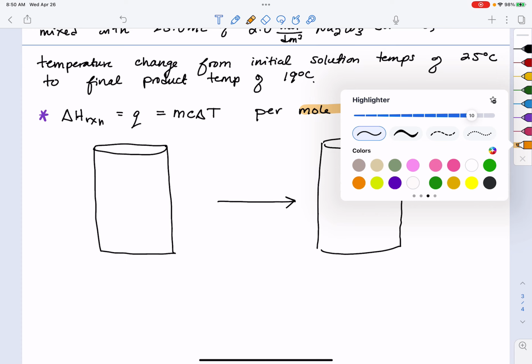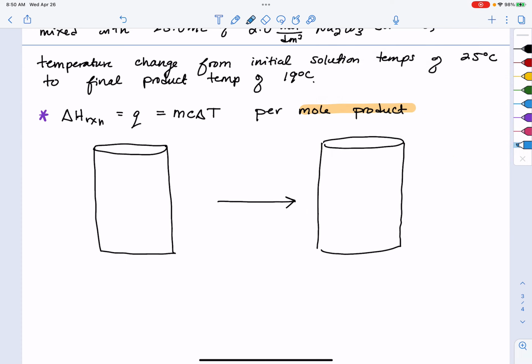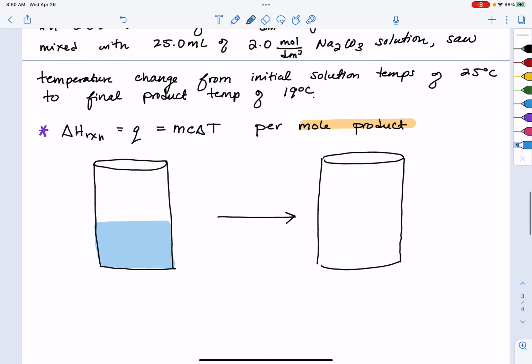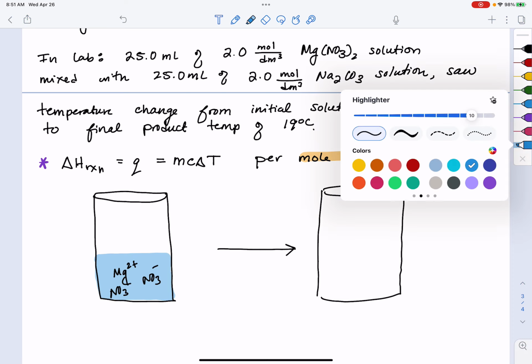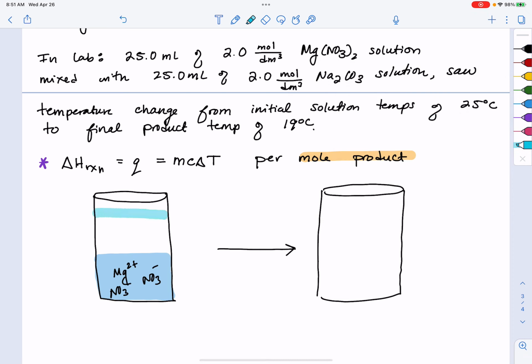Okay, so it looks like I have mixed 25 milliliters of my magnesium nitrate solution with 25 milliliters of my sodium carbonate solution.